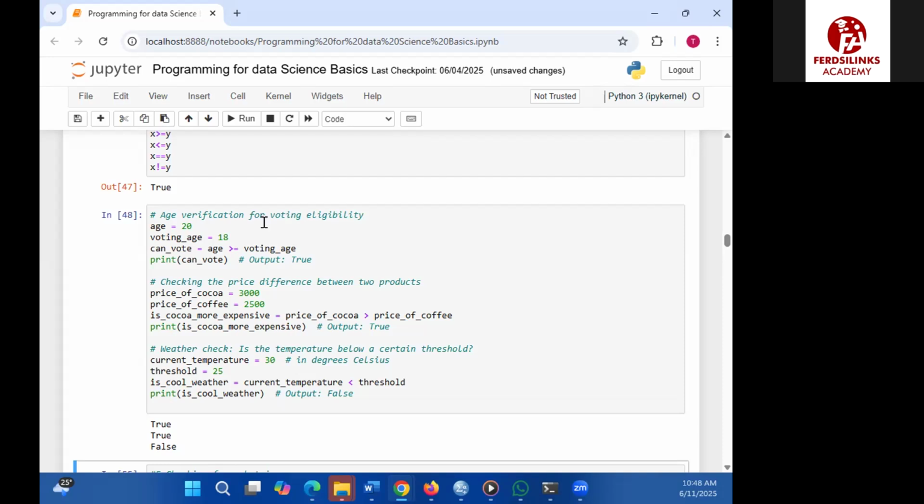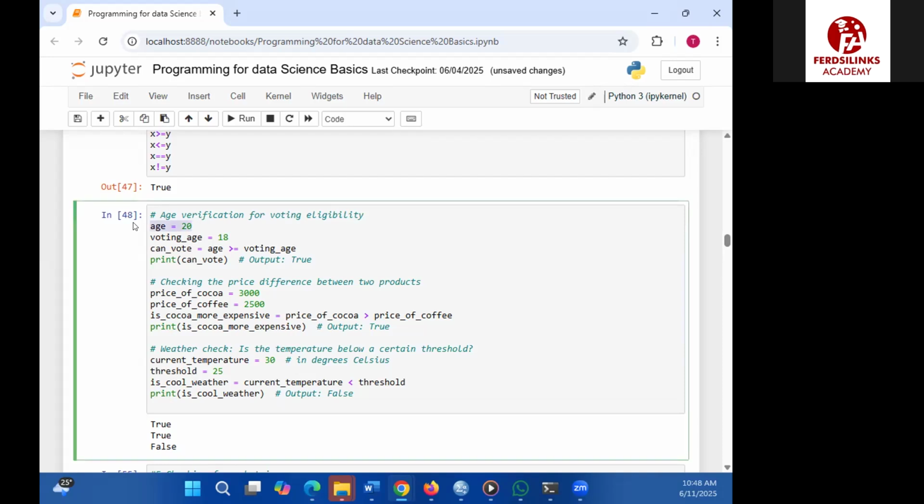It gives you the possibility to apply the concept. For instance, somebody comes and you ask, "What is your age?" Somebody is 20 years, and the voting age is 18. So you must be 18 and above. So let's say greater than. And so we say the voting age is greater than the person's age. So that's how you verify that.